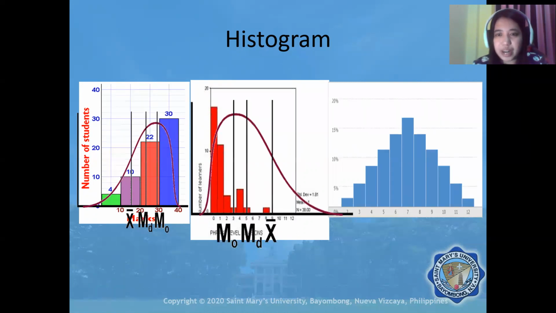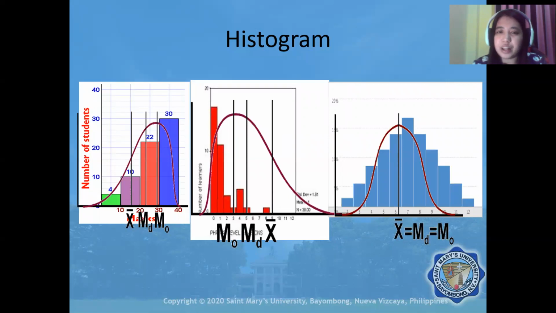The second figure will look like this, and the third figure will look like this. So for the shape of our curve, we call the first figure negatively skewed, the second figure positively skewed, and the last figure normal distribution. So it is a bell shape.